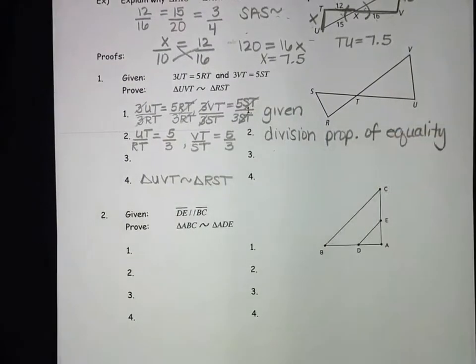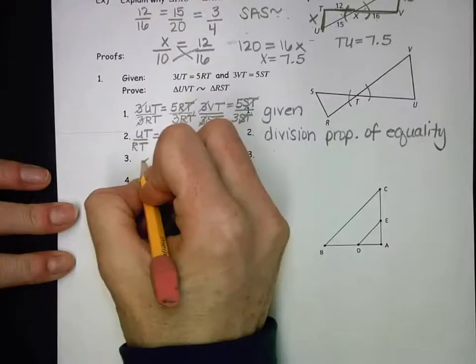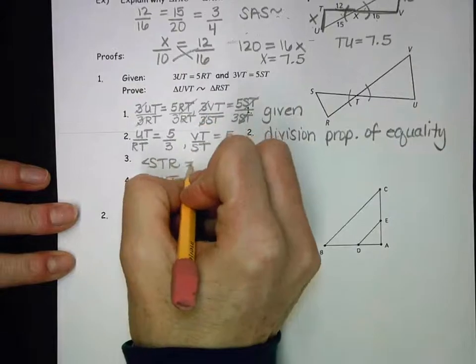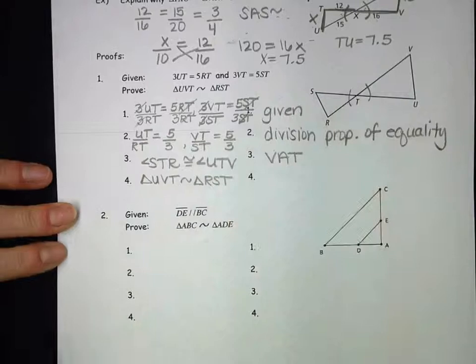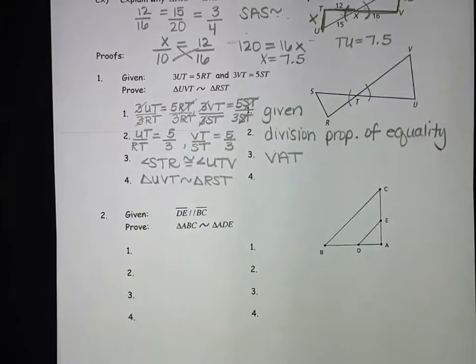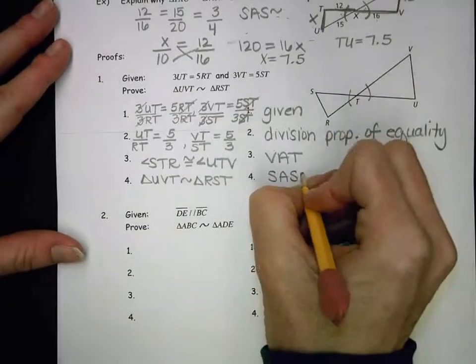Once we have two sets of proportional sides, we must then look for an equal included angle or another set of proportional sides. Because in this triangle we have some vertical angles, I can say angle STR is congruent to angle UTV because of the vertical angle theorem. Once I know that, I then have two sets of proportional sides and one set of included congruent angles. So I can say the triangles are similar because of my side-angle-side similarity theorem.